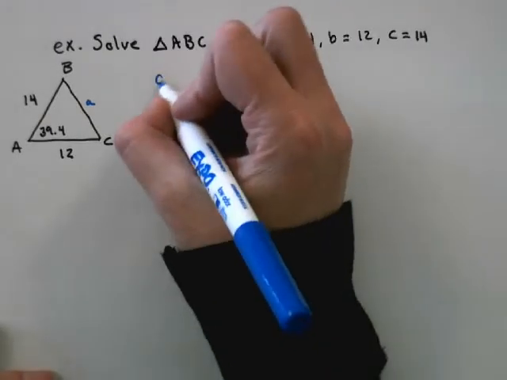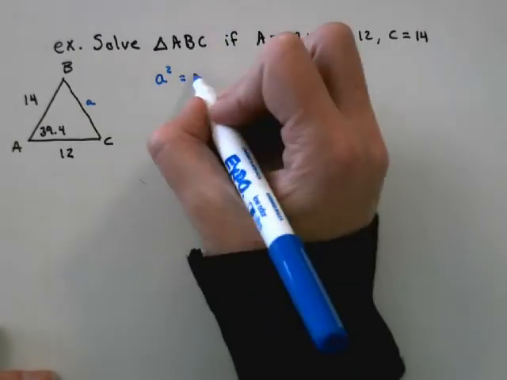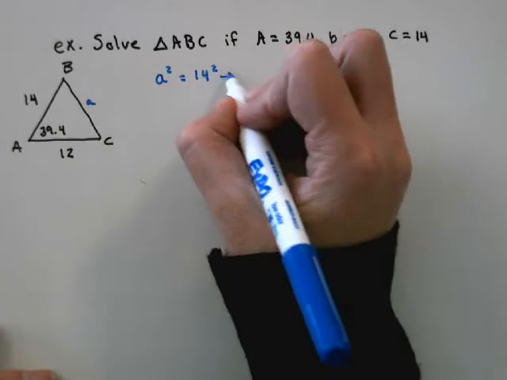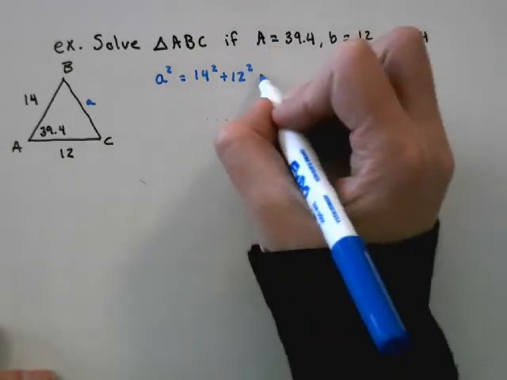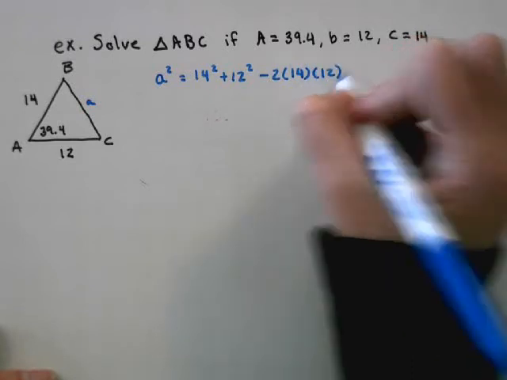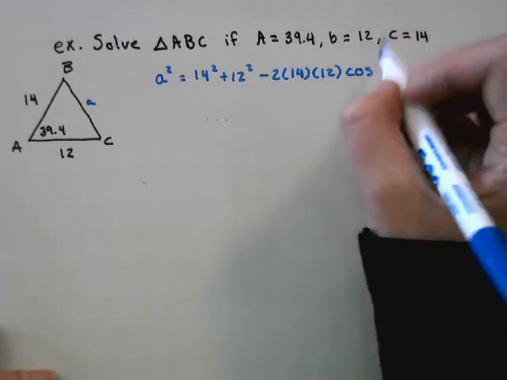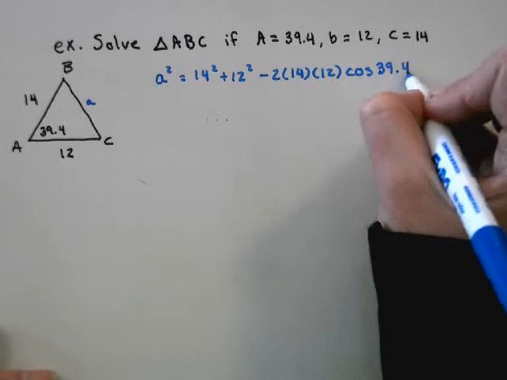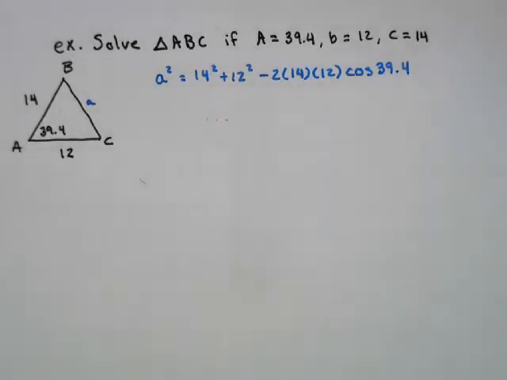So we're going to have A squared equals 14 squared plus 12 squared minus 2 times 14 times 12 times the cosine of 39.4. Now you're going to type this all into a calculator as you see it. Don't try to chunk it into parts.